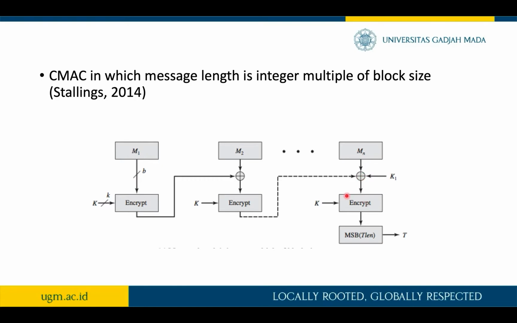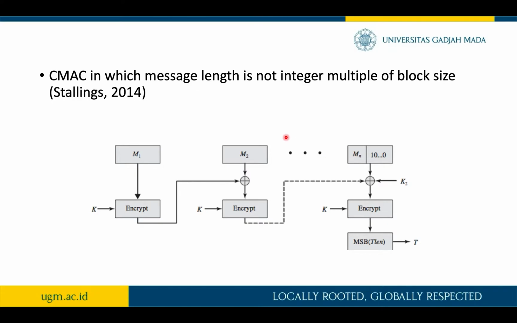Then the result will be again encrypted using the key K. What we need to use is the most significant bits, or we can also use the whole result, with length T, and that's the tag or message authentication code.